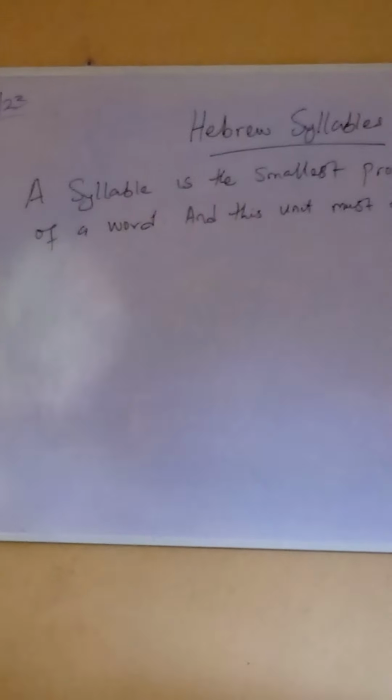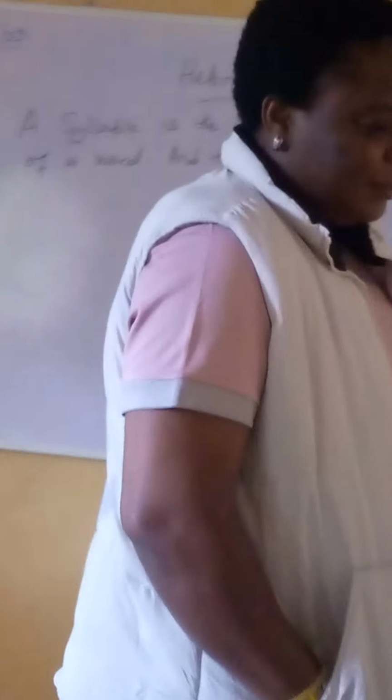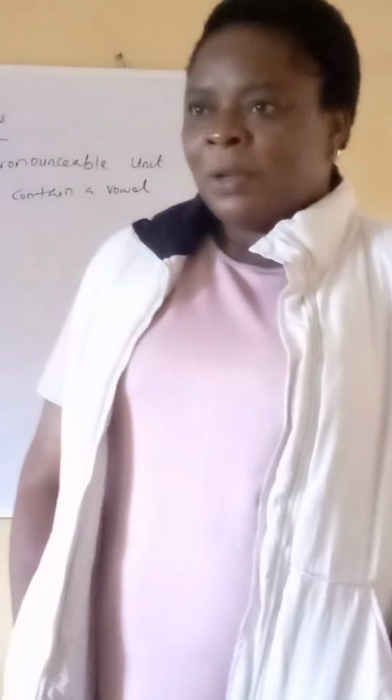So when we are talking about it, we said a half vowel does not make a syllable. Therefore, to determine the number of syllables in a word is to know the number of full vowels in that word.